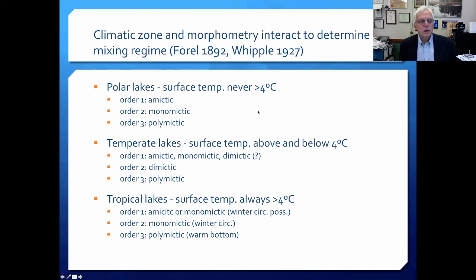But what I want you to see here is that in some climate zones, the surface temperature may never get greater than 4 degrees Celsius, and that is a very important point in the density and temperature graphs. The thermal regime and characteristics of the lakes make them mix never, sometimes once a year, and many times per year. And as I say, we'll go over this again when we're talking about temperature and stratification.